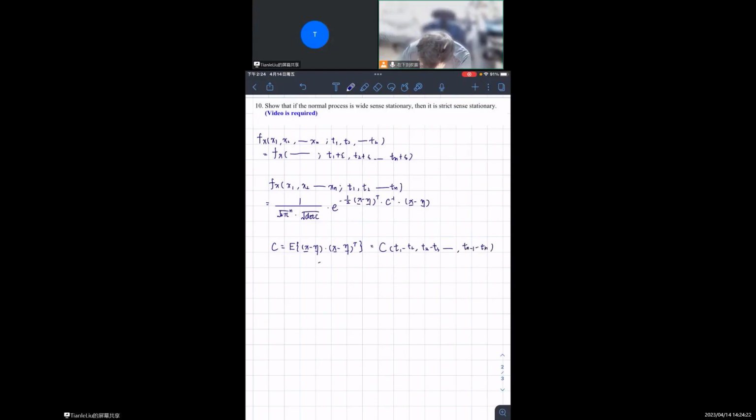Rewriting it into the i and j form, we get C of ti minus tj for i not equal to j, where i, j equal 1, 2, to n. So the first step is done.